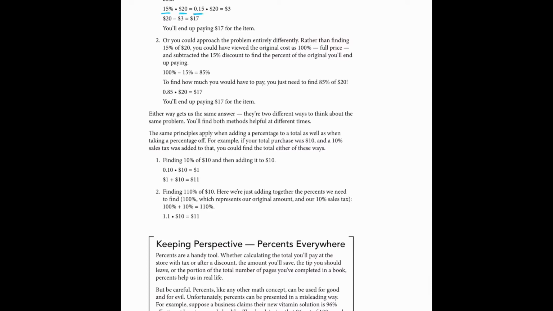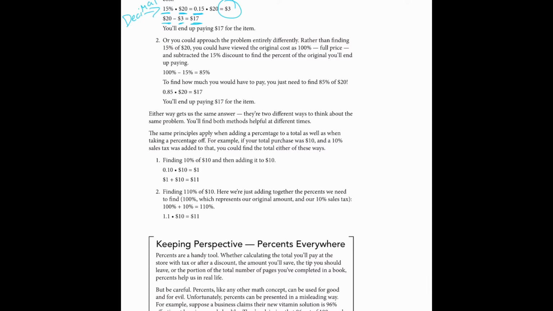All right, we have to turn this into a decimal, okay? That's your first step. This needs to be a decimal. So 0.15 times $20 equals $3. All right, so but now we have to subtract. $20 take away $3 equals $17.